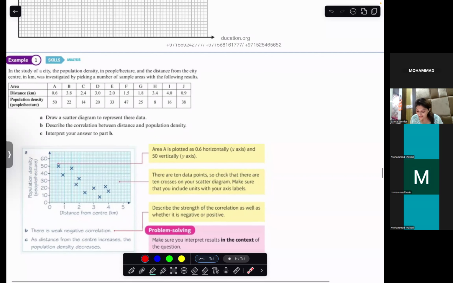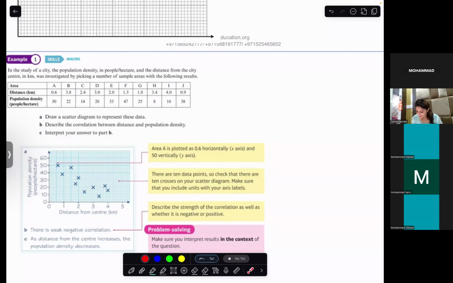But when they ask you to interpret the results, can you tell me what is dependent on what? The population density is dependent on the distance from the center. Yes. So what is your interpretation?